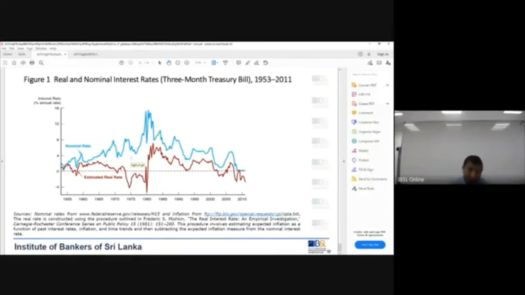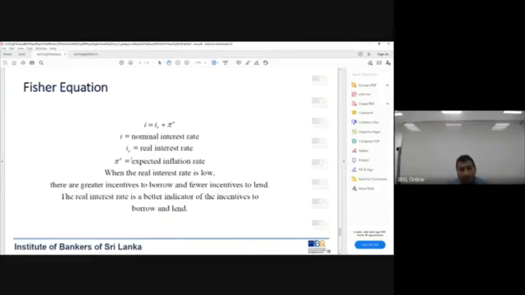That is very much for further studies. But the general understanding is that the Fisher equation is one of the very important elements that drives the real cost of financing in terms of incentivizing lending and borrowing. So that's the message I wanted to give you all through this discussion.